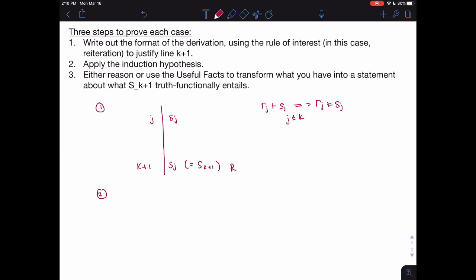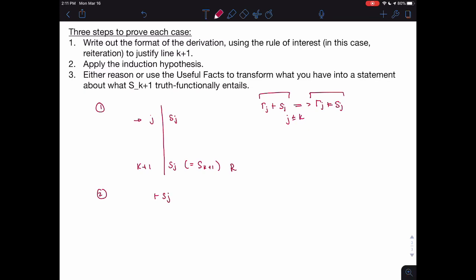So in order to apply the induction hypothesis, we need to get a claim of derivability, and then that allows us to get a claim about truth functional entailment. Line j falls within the scope of the induction hypothesis because j is less than or equal to k. Although k plus 1 doesn't fall within the scope of the induction hypothesis, j does. So we can say the following about j.